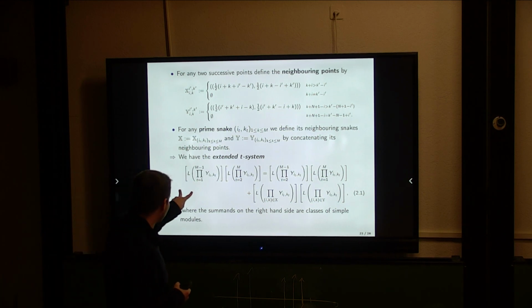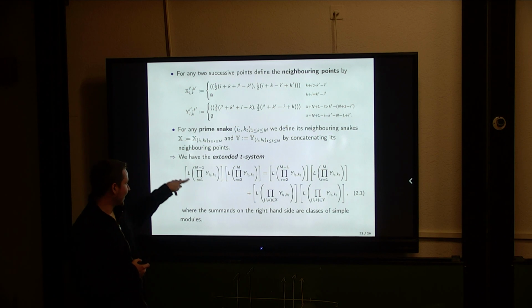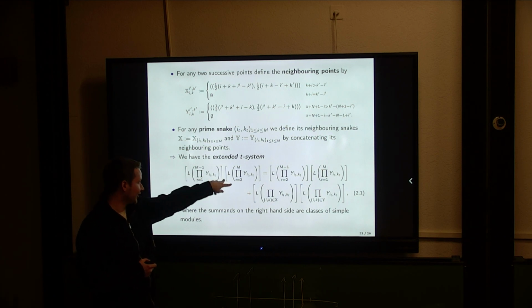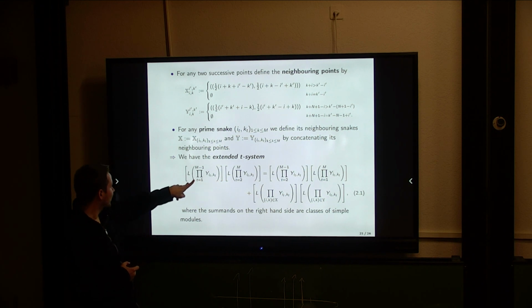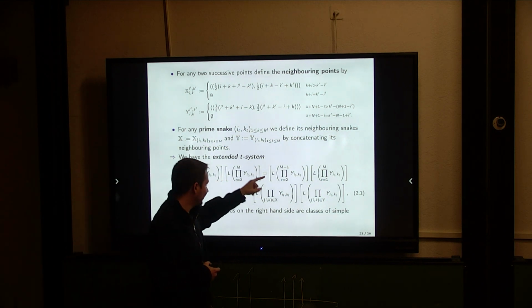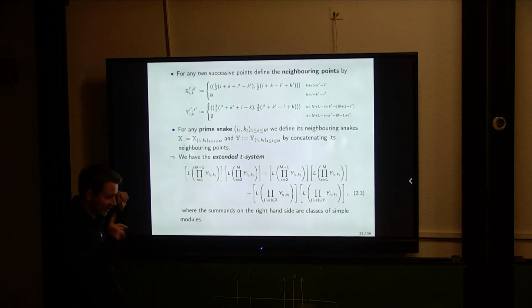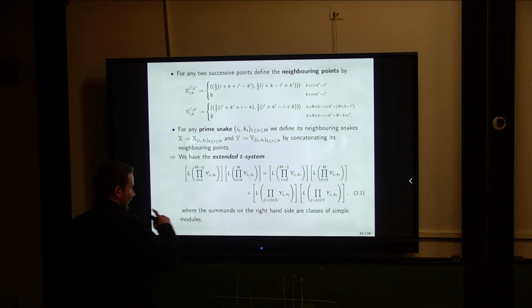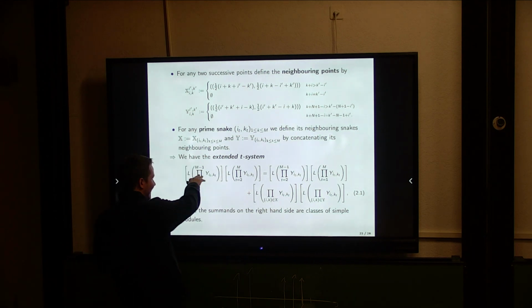And then you have an extended T-system, which is like L of the first snake times L of the second one. Okay, so I have to say what these snakes are.